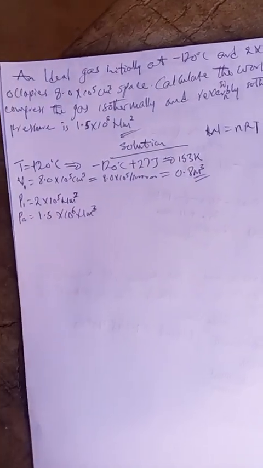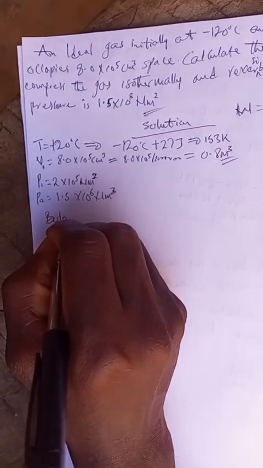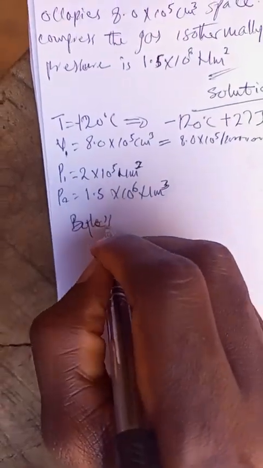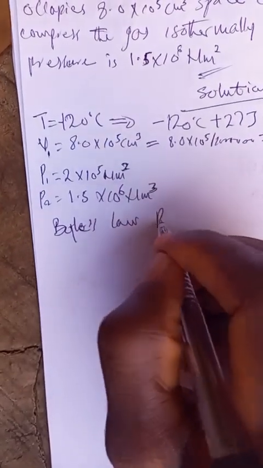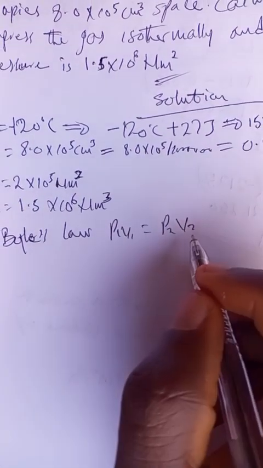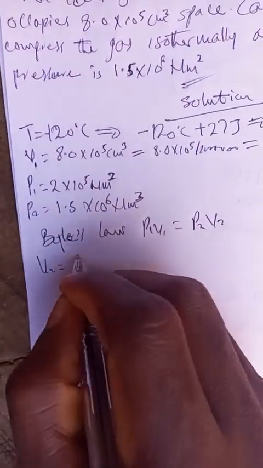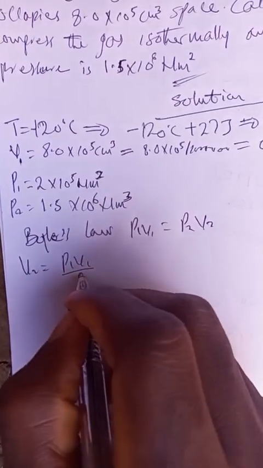Now, you know that isothermal is related to Boyle's law. So from Boyle's law, P1 V1 is equal to P2 V2. If we make V2 the subject of the formula, we have V2 is equal to P1 V1 over P2.